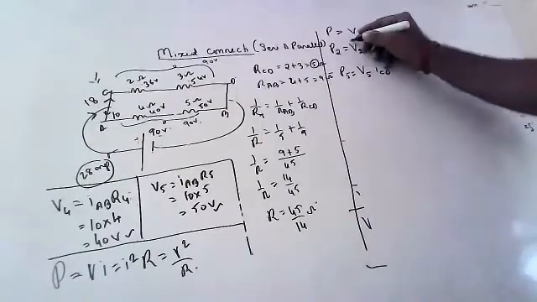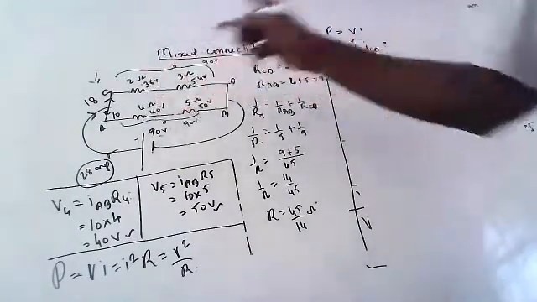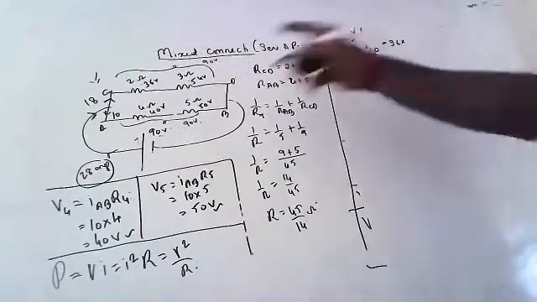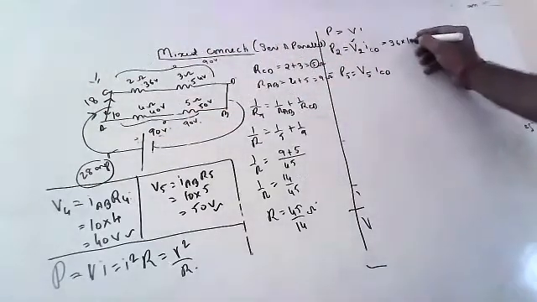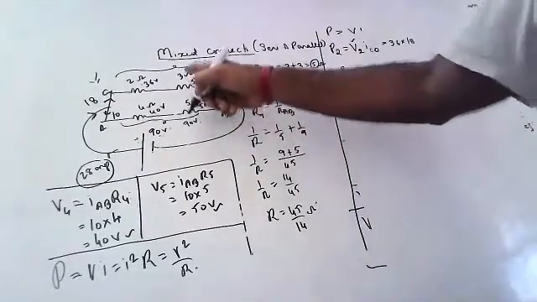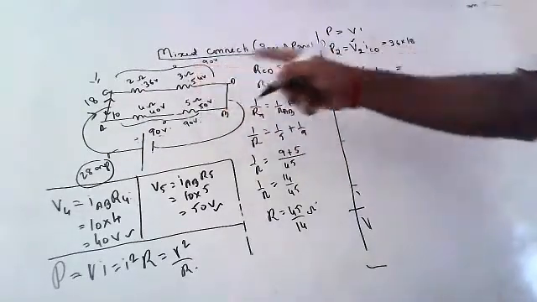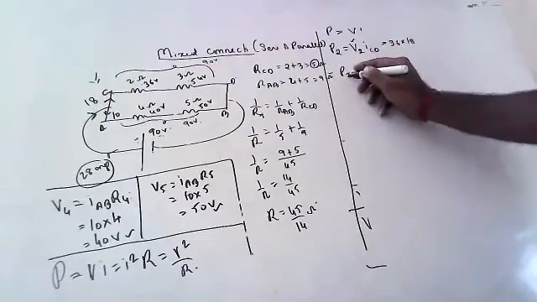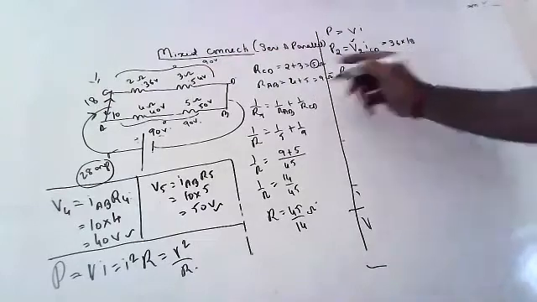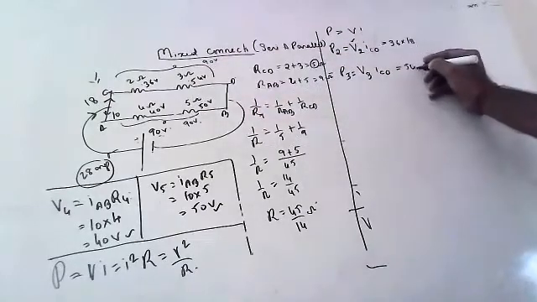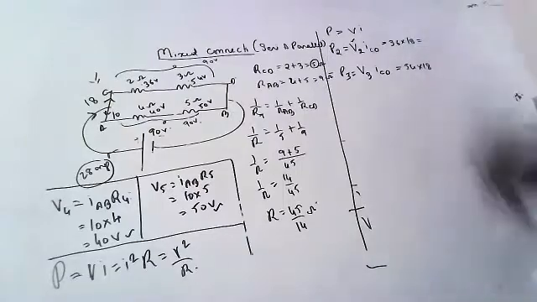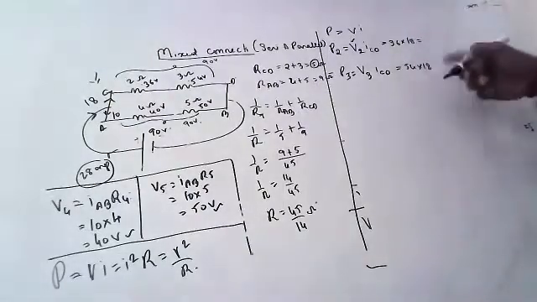Okay, and can anyone tell what is V2? V2 is 36 volts, children. And current across CD is how much? 18. Again, what is potential across 3, children? Sorry, this is 3. Potential across 3 is how much, children? 54. 54 into 18. So you have to do, children, 36 into 18, 54 into 18.